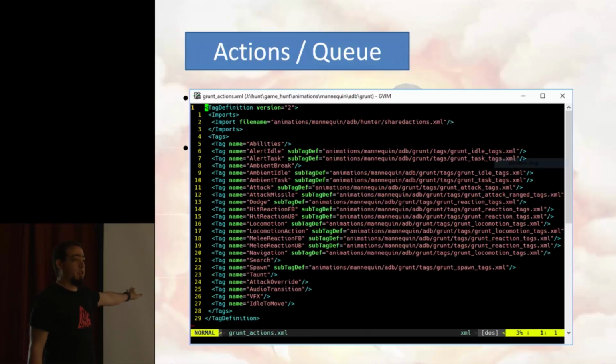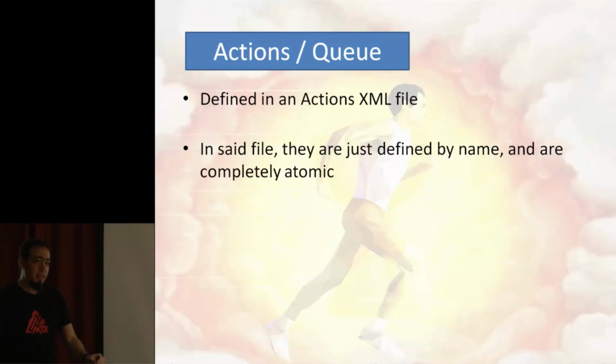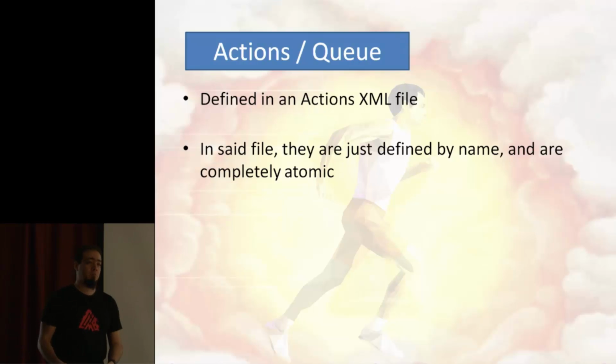For all intents and purposes, this could be just a fake XML file that's sitting on my computer. It's not really mentioning anything about a character or mannequin or physics or anything. They are completely stateless and atomic, which we are going to repeat all throughout the presentation today, that they are completely stateless and atomic. Actions are just actions. Hey man, here's what you can do on the player. I don't care what player it is.